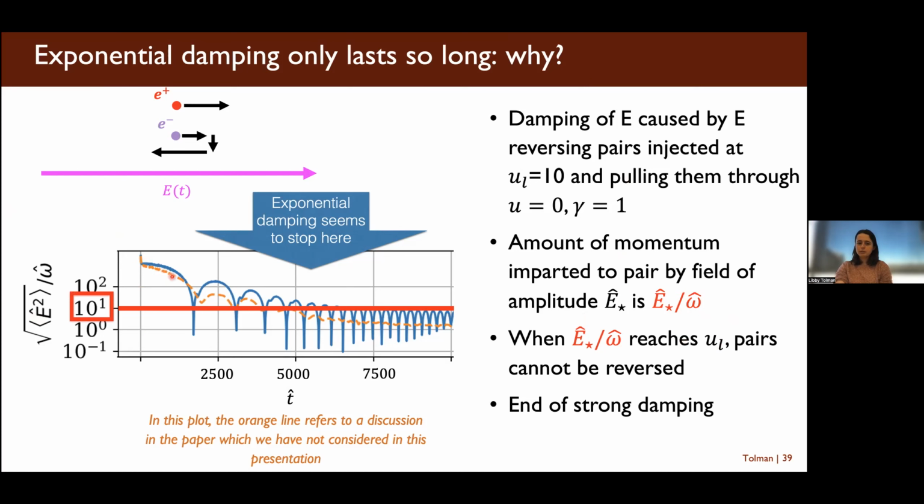Then as the electric field strength gets damped, the amount of momentum the field can impart to the pairs is dramatically reduced. At a certain point, it'll get reduced to the value of the injection momentum, and at that point, pairs cannot be reversed. This corresponds to the end of strong damping. That can be seen in our simulations.